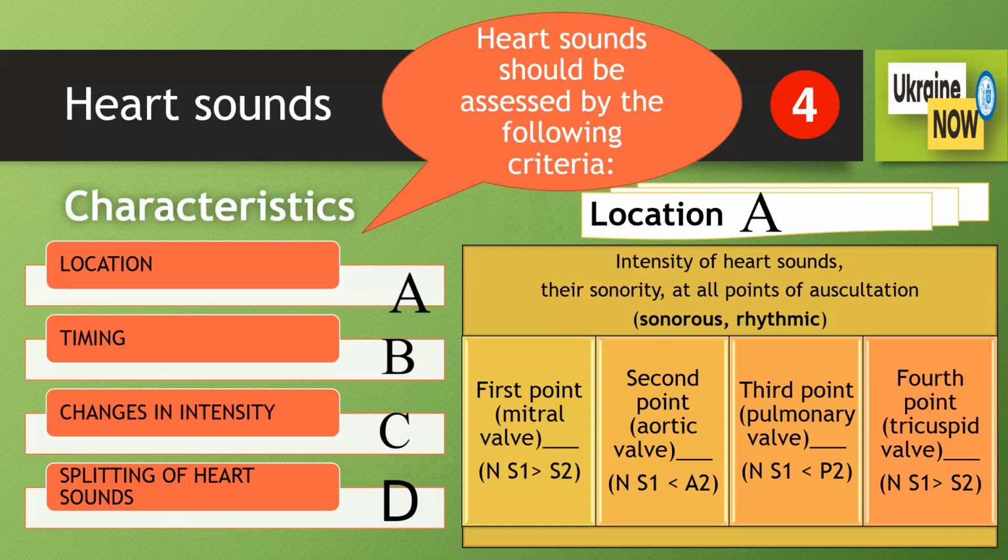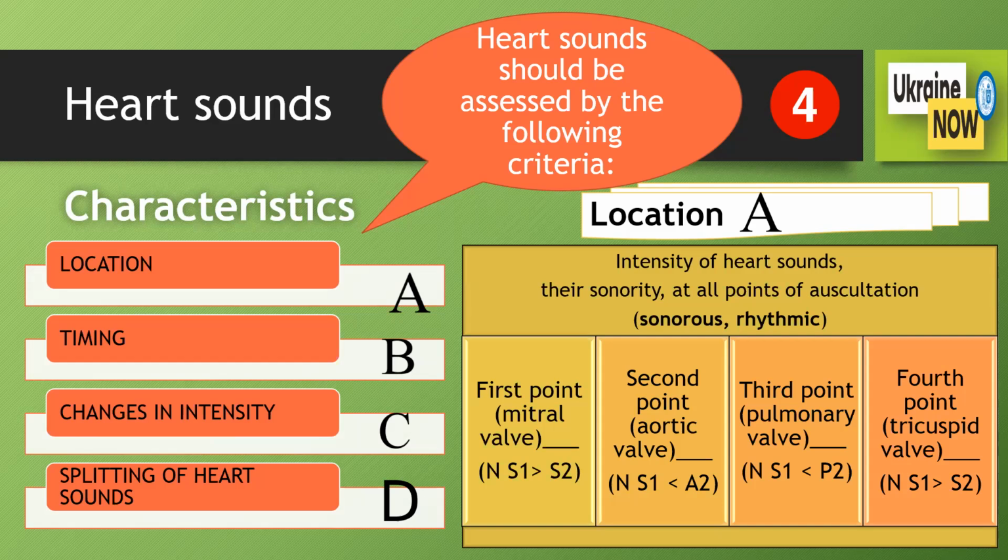So, next, characteristic features, or better to say, the plan of examination of auscultation, include assessment of the heart sounds by the following criteria: location, timing, changes in intensity, and splitting of heart sounds. Loudness of the heart sounds depends on the point of auscultation.